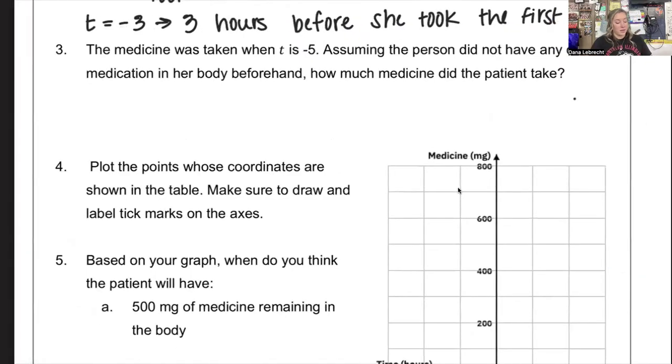Number 3, the medicine was taken when t is -5. Assuming the person did not have any medication in her body beforehand, how much medicine did the patient take? So t is our input, and I want to know about -5. So we can just take that equation, 100 times 1/2, and plug in -5 for that input.